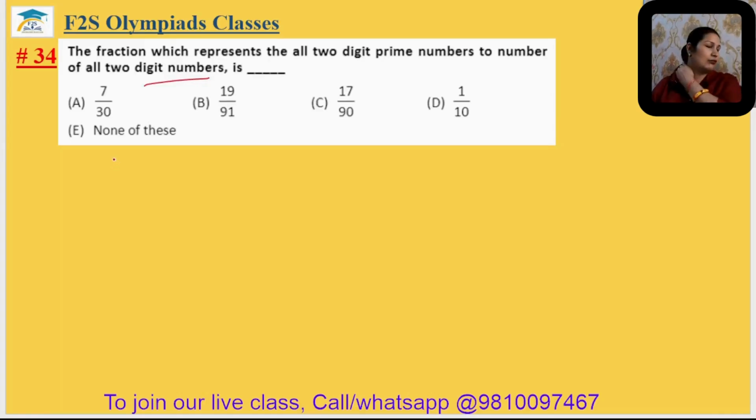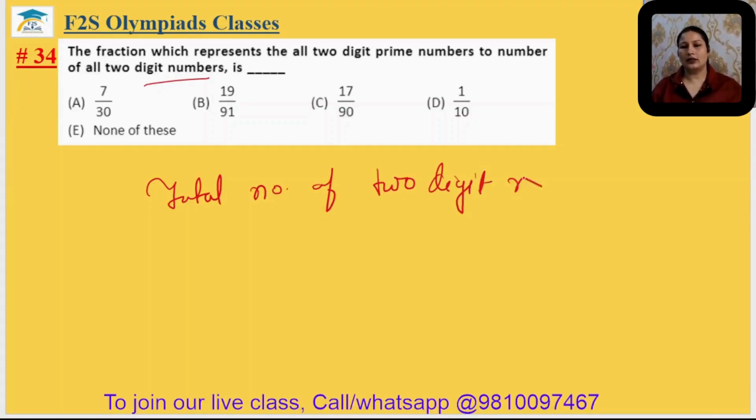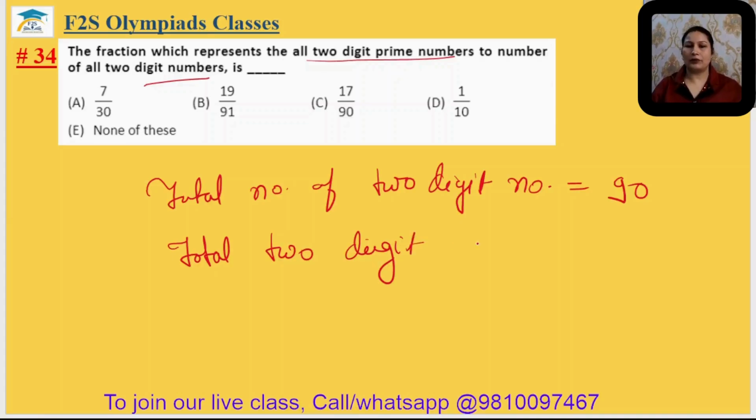The total number of two-digit numbers is 90, and the total number of two-digit prime numbers is equal to 21. I am writing them here so that you can know what those numbers are.